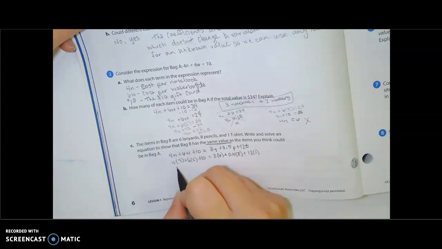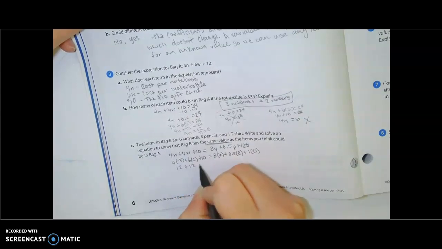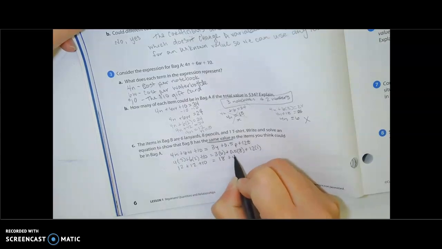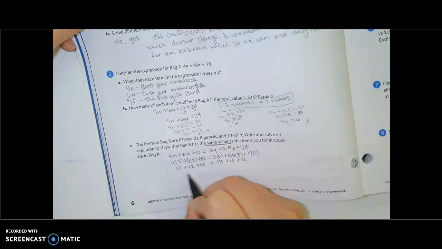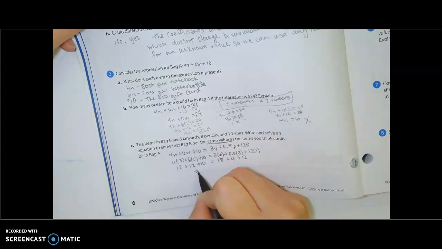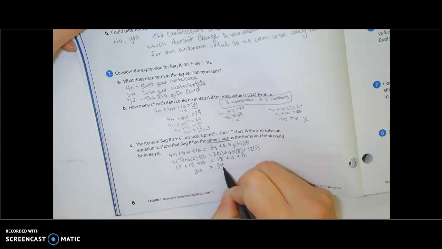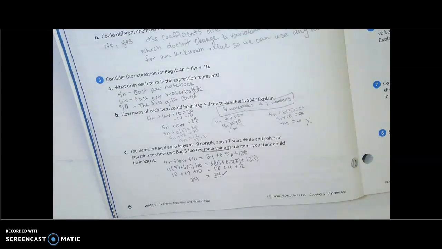Over here I end up with 12 plus 12 plus 10, and over here I end up with 18 plus 4 plus 12. 12 plus 12 plus 10 is 34. 18 plus 4 plus 12 is also 34. So there's the equation, and we solved it to show why they are equal, and that it does work.